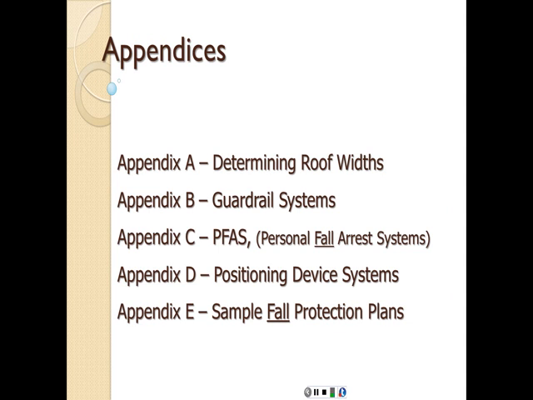Appendix A, determining roof widths; Appendix B, talking about guardrail systems; Appendix C, talking about personal fall arrest systems or PFAS; Appendix D, talking about positioning device systems, which cannot be used as fall protection; and Appendix E, small sample fall protection plans, because again we should have a plan that's observed and maintained by a competent person.